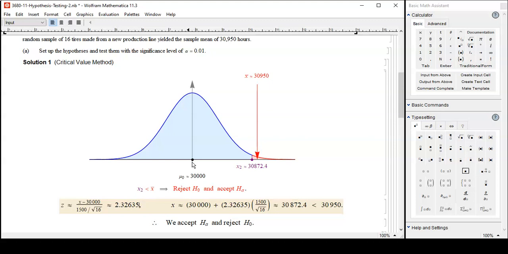So you can find out the critical value by mu0 plus z value times SE, and it turns out this. And compare that with the observed sample mean. Sample mean is too far away from the null, so okay, let's accept the alternative hypothesis.